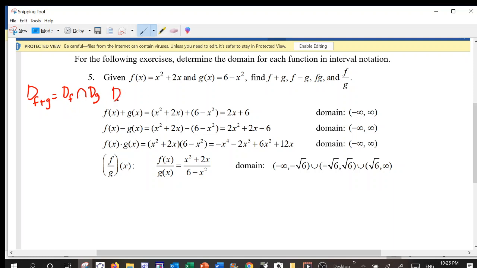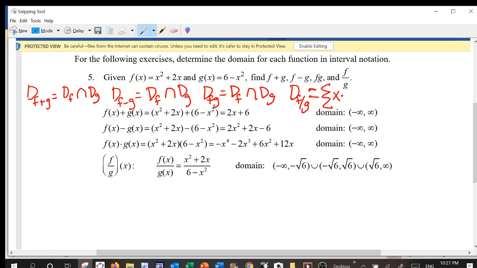Now the domain of f minus g is the same thing. It's the domain of f intersect domain of g. The same is true for domain of f times g. Is the domain of f intersect domain of g. Now the domain of f divided by g is going to be what? Is going to be a set. Let me write it this way.